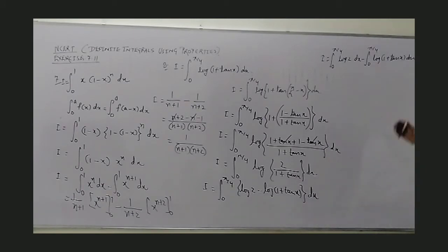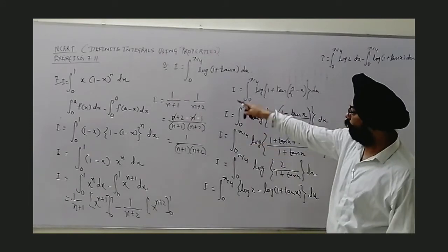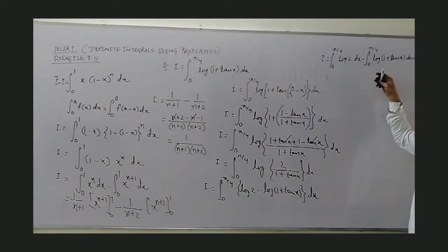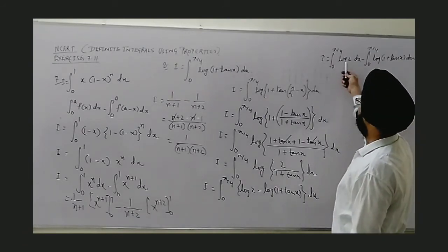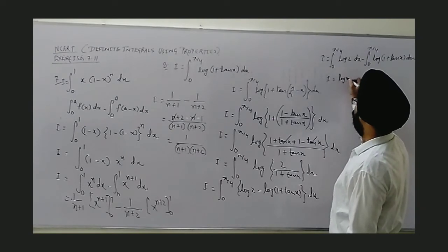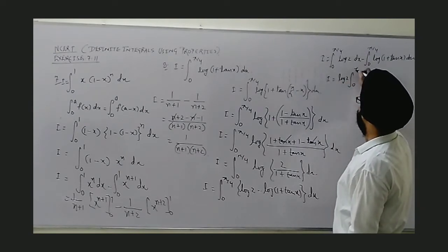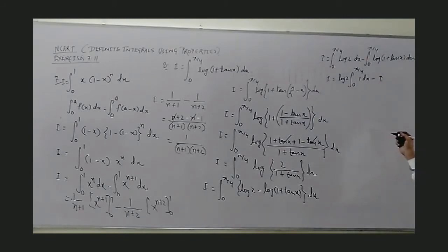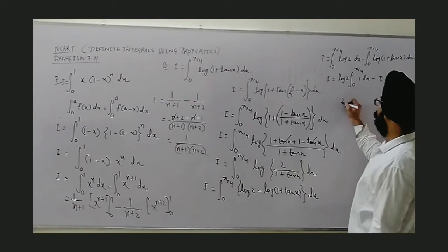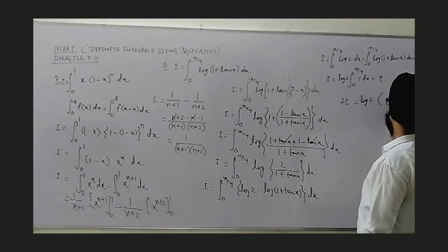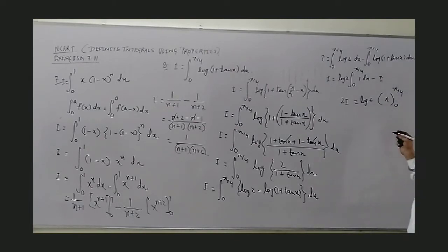Okay. Now, this portion you can see is the original function given to us, which is the value of I. So we can replace this term with I. Here in the first term log 2 is a constant, so we will write log 2 outside the integral, 0 to pi by 4 1 dx, minus I. Shifting I to the left hand side we get 2I equal to log of 2 times x with limit from 0 to pi by 4.